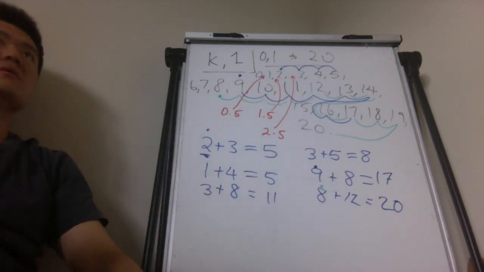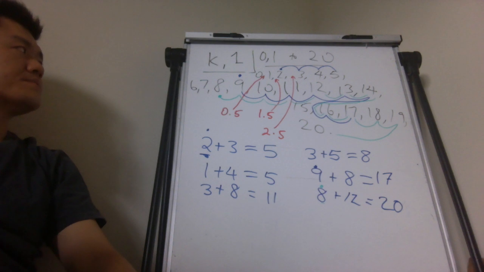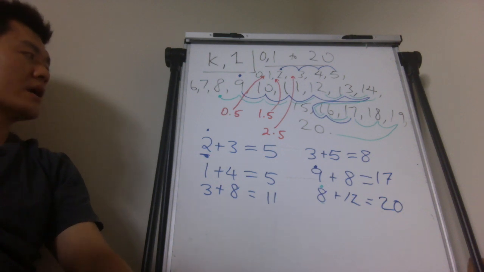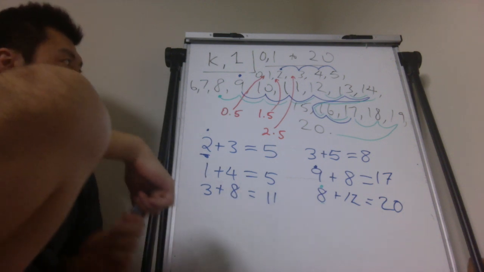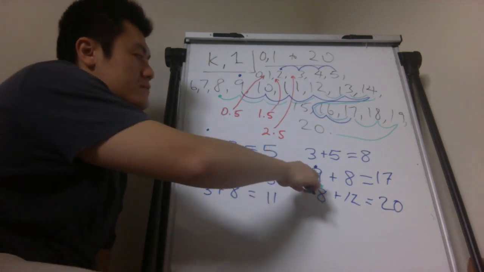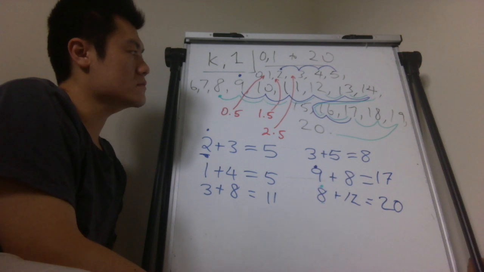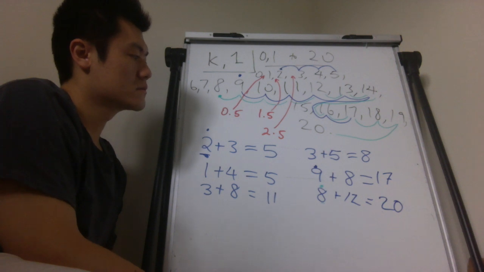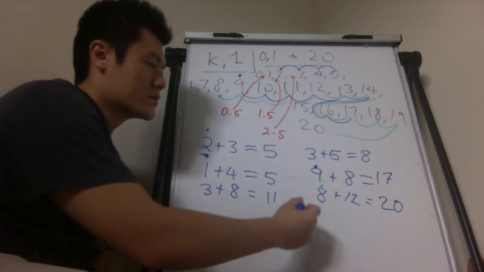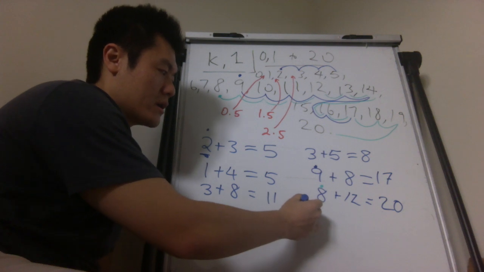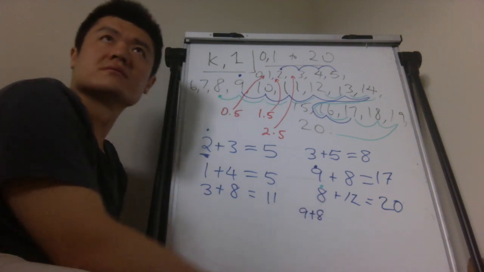So maybe a quicker way to do it: you could do 9 plus 8, right?